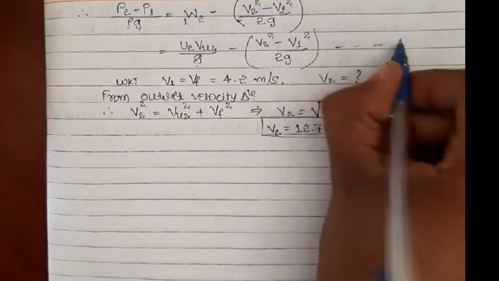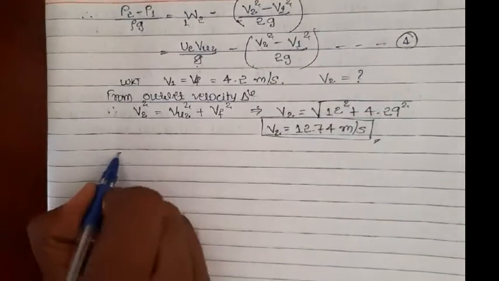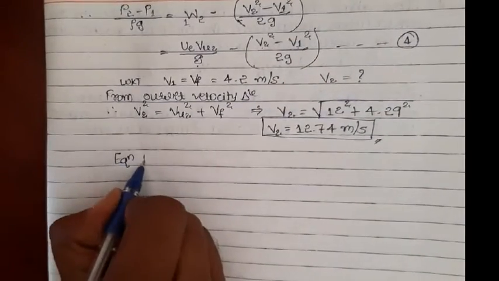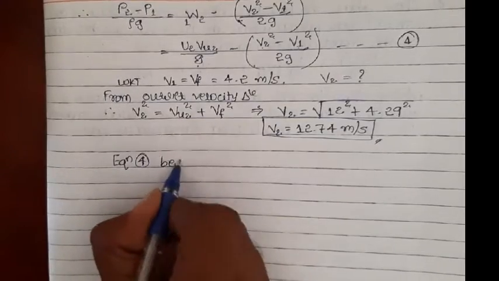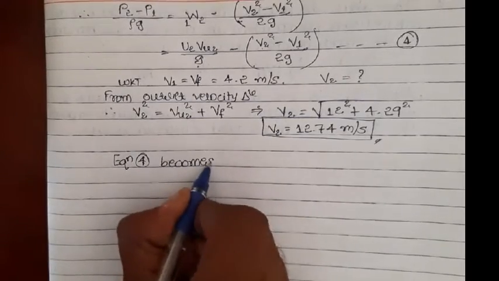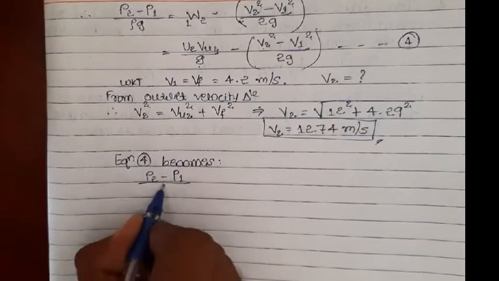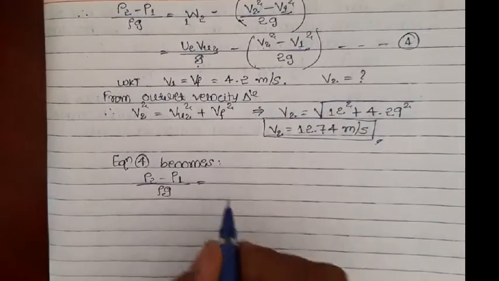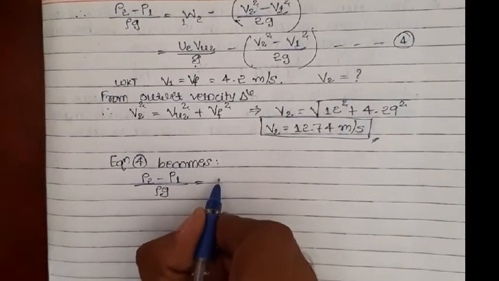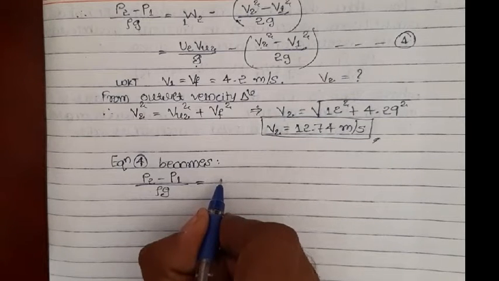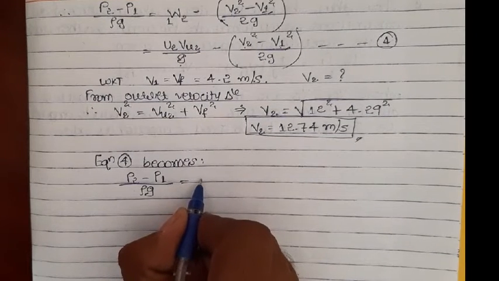So now we know all the values in this equation. Let this equation be equation number 4. So now equation 4 becomes, which is the equation for the pressure change across the impeller, P2 minus P1 by rho g, that is the pressure head, right? This is in head form. So U2 VU2 divided by g, which is Euler's head, which we have already calculated, isn't it?